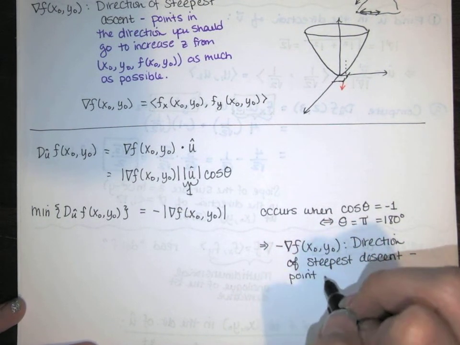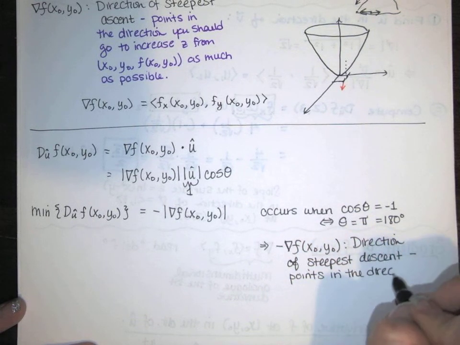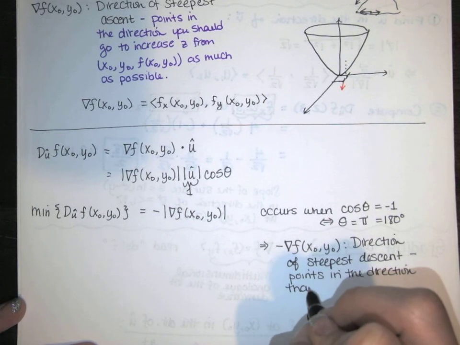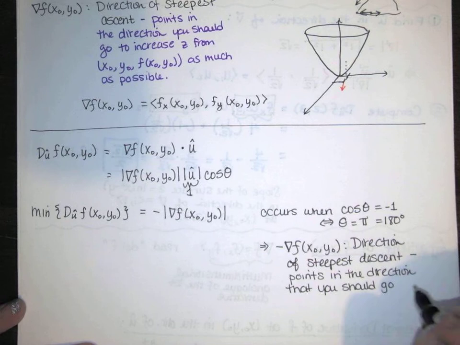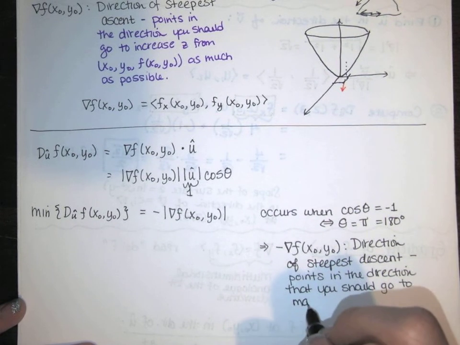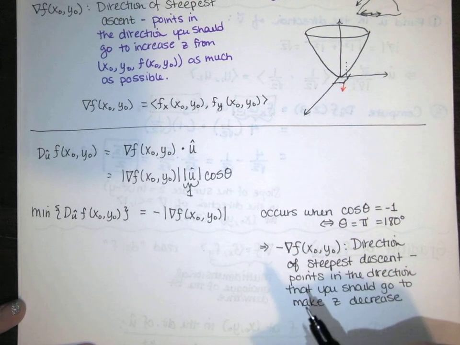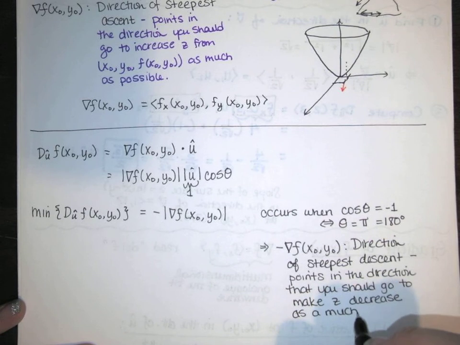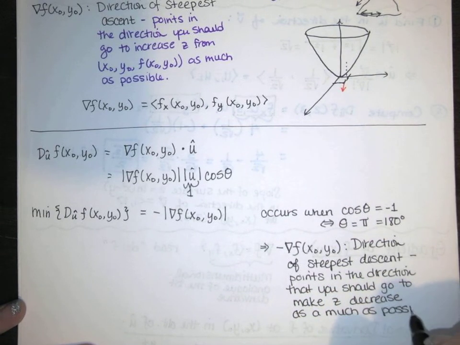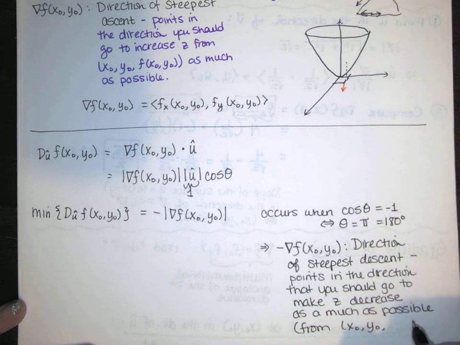Now, the direction of steepest descent points in the direction that you should go to make z decrease as much as possible from the point where you're at, from x naught, y naught, and the corresponding z value, f of x naught, y naught.